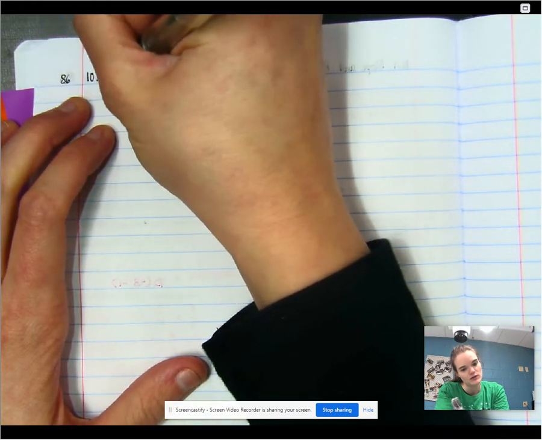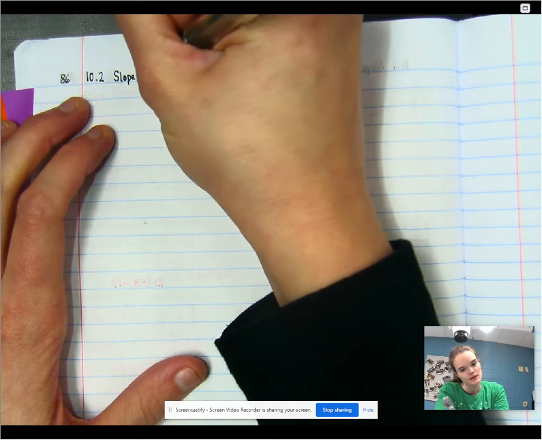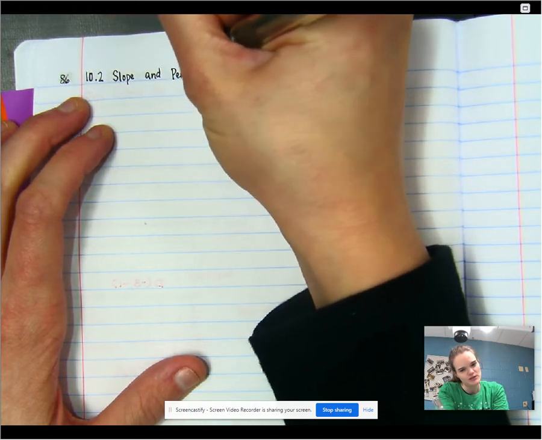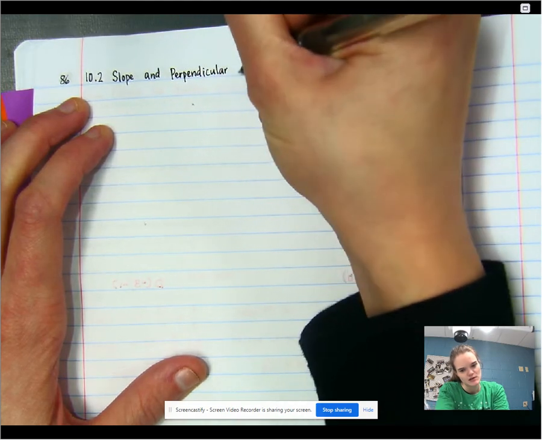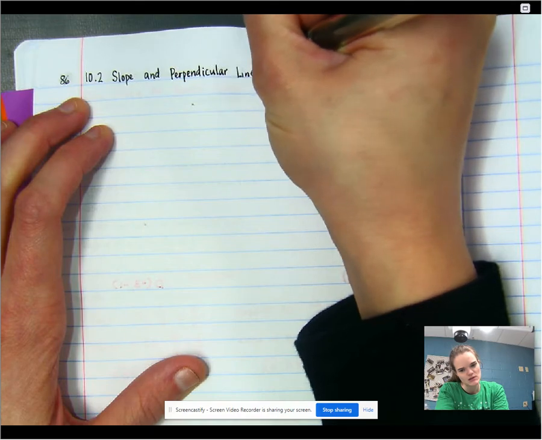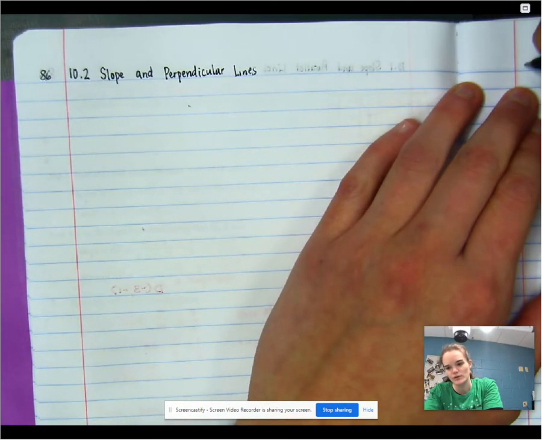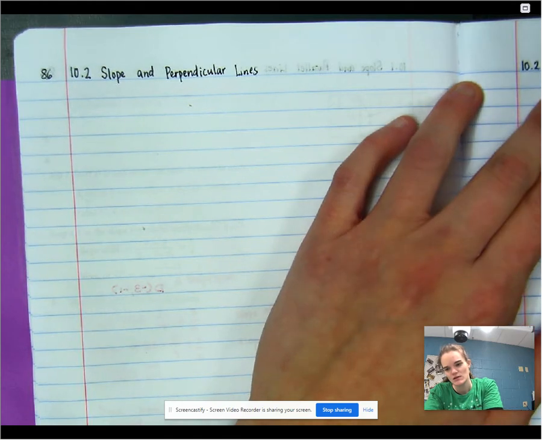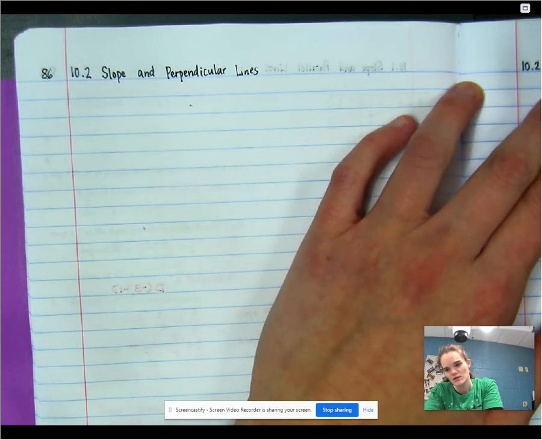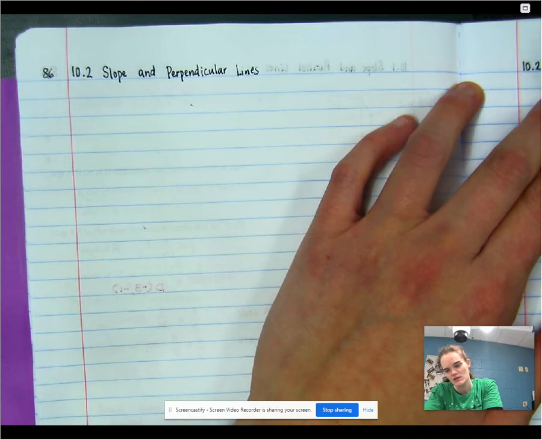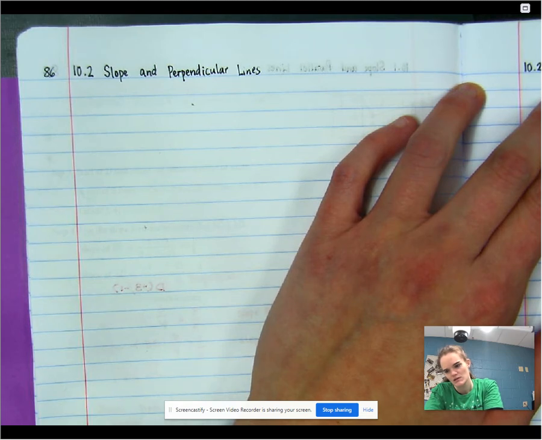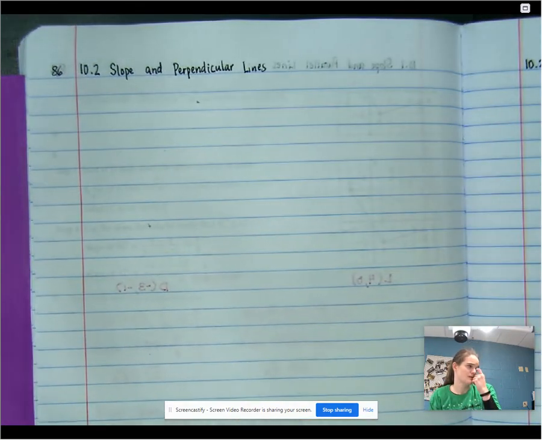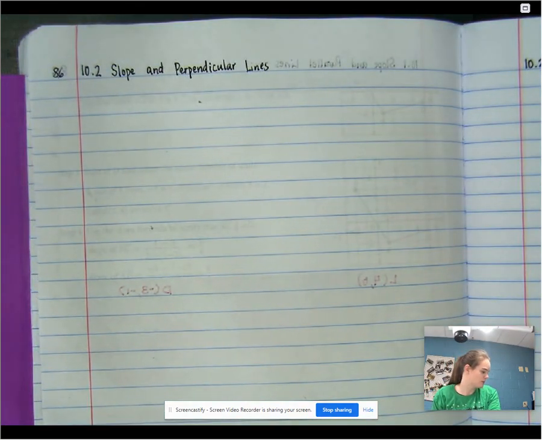10.2, slope and perpendicular lines. So label 86 and 87, 10.2, slope and perpendicular lines.